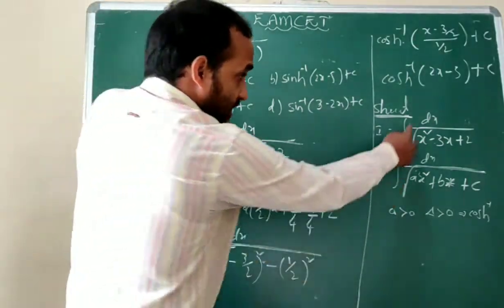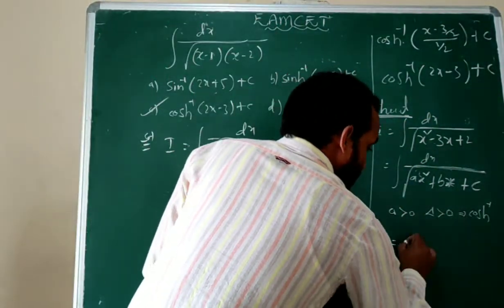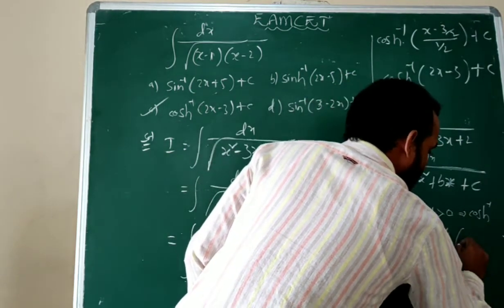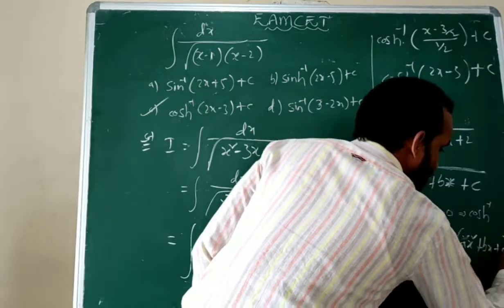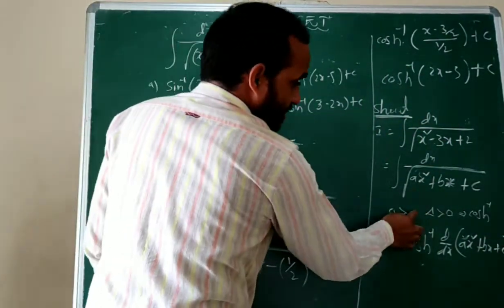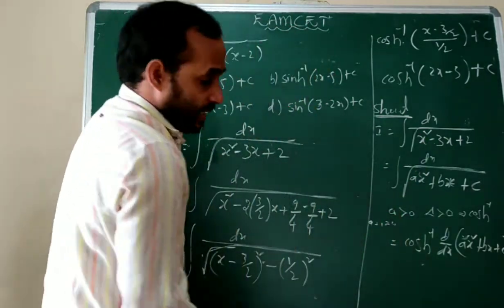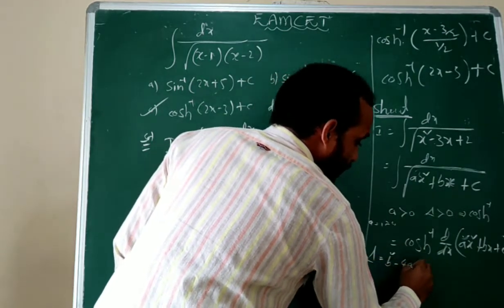So we find the cos h inverse solution: cos h inverse of the derivative of the function ax square plus bx plus c. What is the a value? a is equal to 1, greater than 0. The discriminant delta is equal to b square minus 4ac.